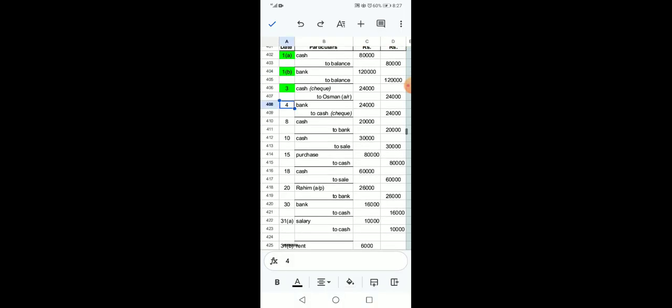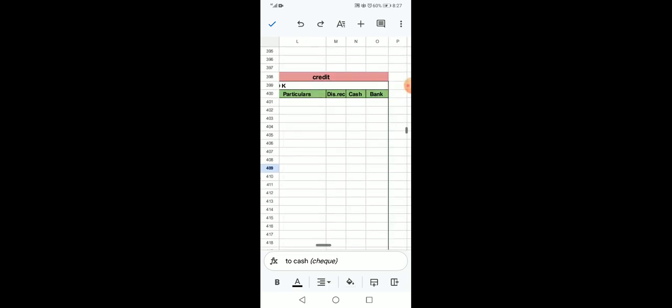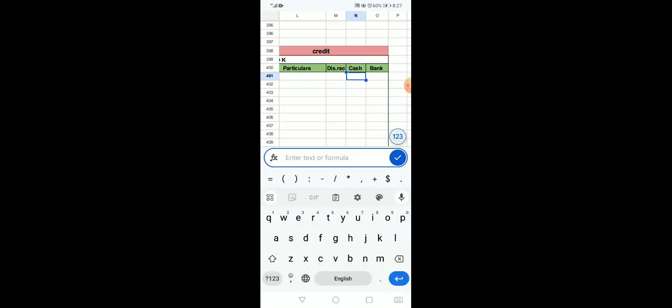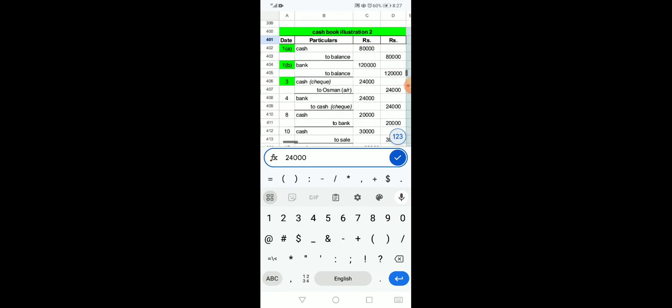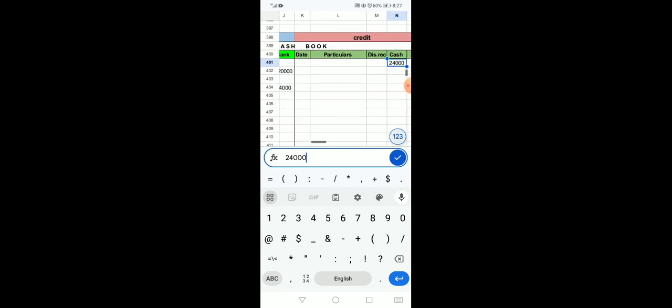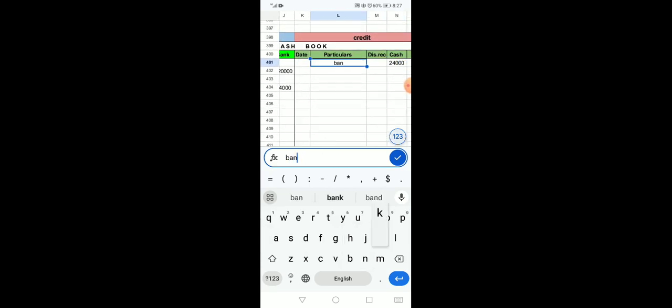In fourth entry, there were two elements. One element has been posted. Next is cash. Cash is credited by 24,000. So we will go to the credit side of cash and we'll write 24,000 over here. Now see the reference. What is written on the opposite side of cash? That is bank. So you will write bank over here, but with an additional word of by.